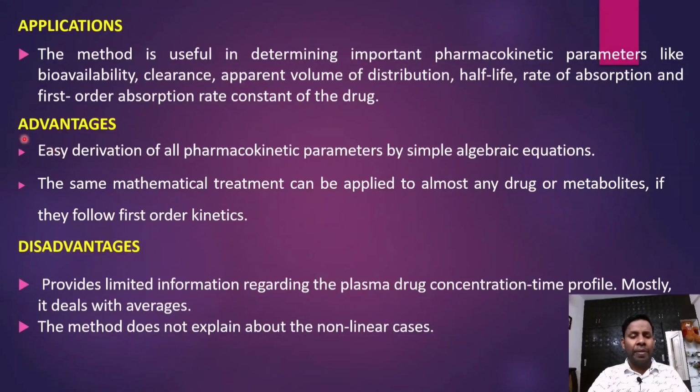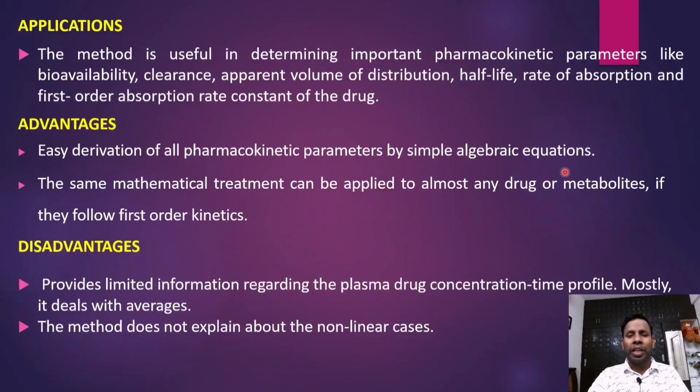Then what are its advantages? First point, easy derivation of pharmacokinetic parameters by simple algebraic equations. In the compartment model there are many differential equations, but here only a simple mathematical equation, MRT is equal to AUMC by AUC. By using that simple algebraic equation we can get MRT.